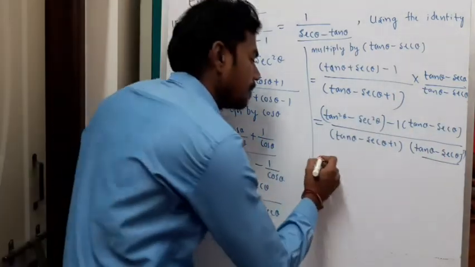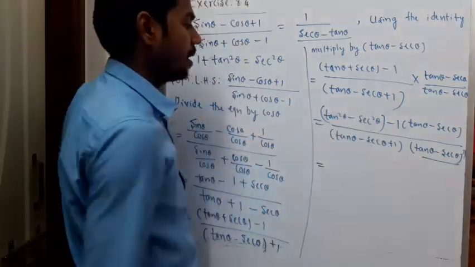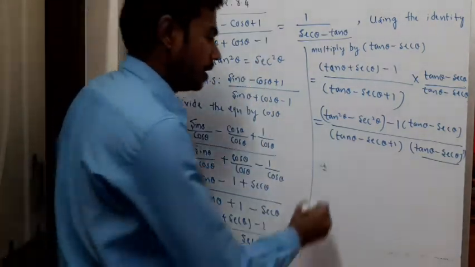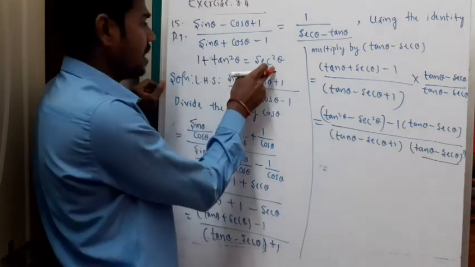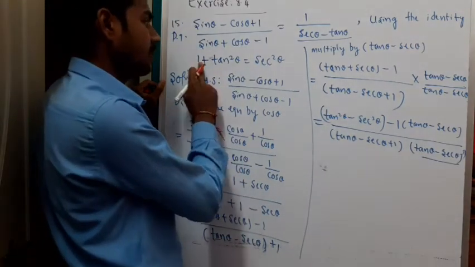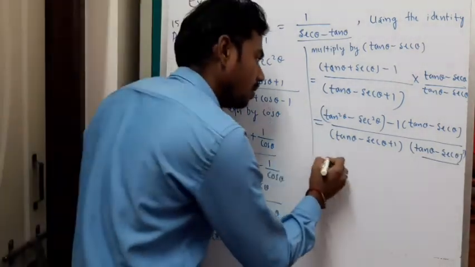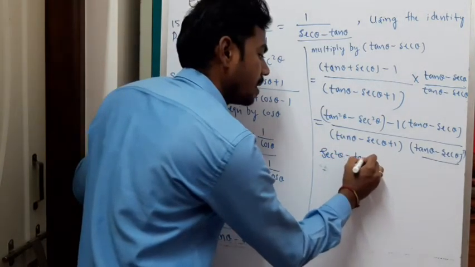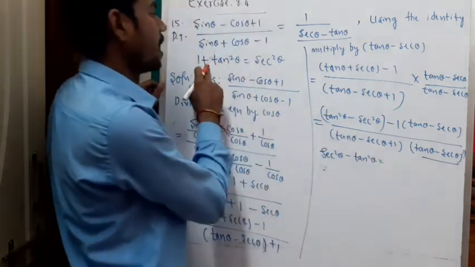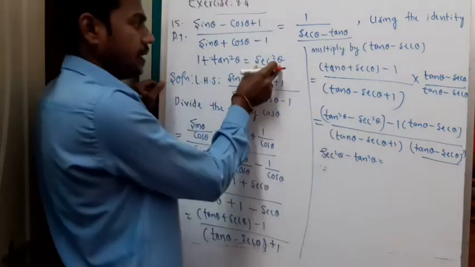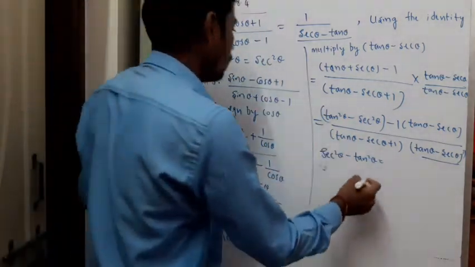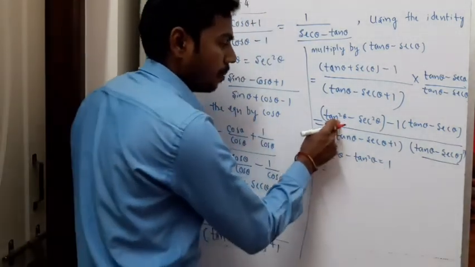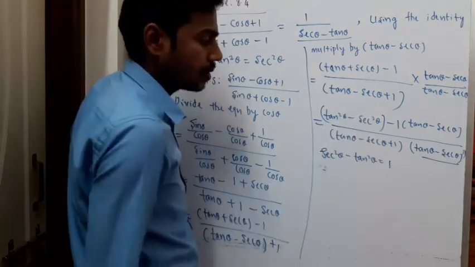So for this, tan square theta minus secant square theta. We know that 1 plus tan square theta is equal to secant square theta, so secant square theta minus tan square theta is equal to 1. But what we have is tan square theta minus secant square theta.